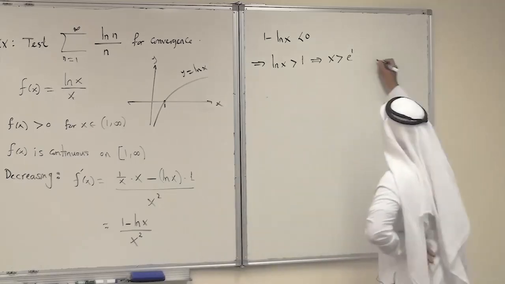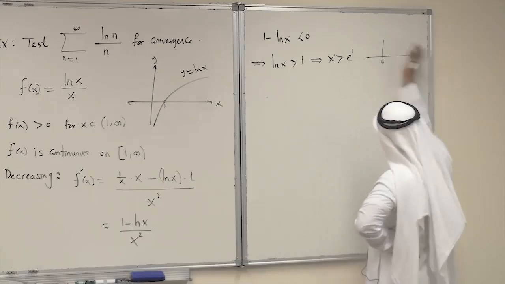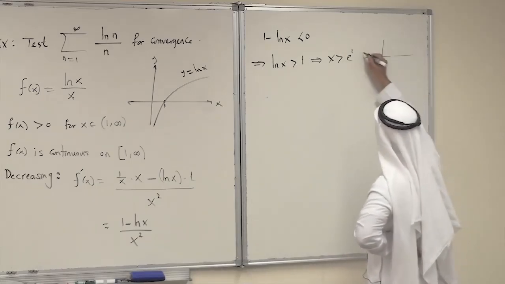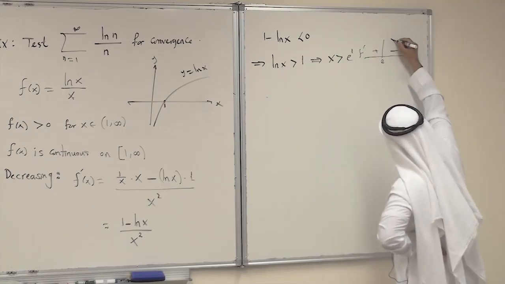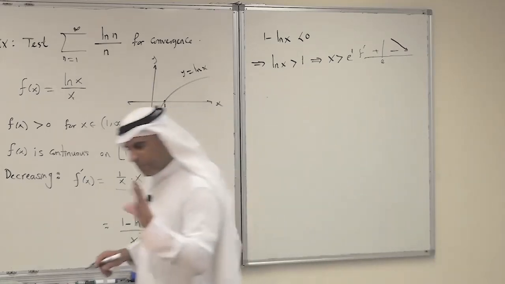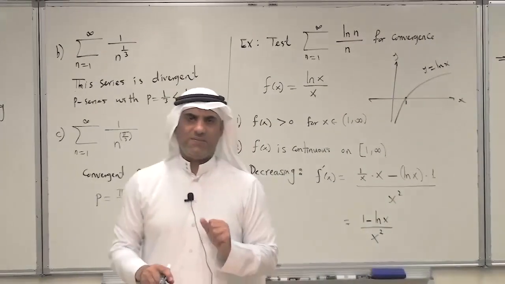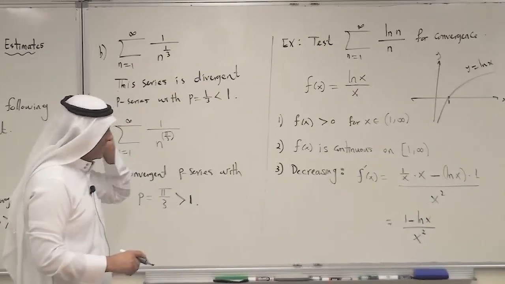So what is the conclusion? We can see that after e, the derivative f prime will be negative, and positive before. Okay, fine. So the function is decreasing after e, but not starting from 1. e is approximately 2.7 something. So let us see if we can apply the integral test.